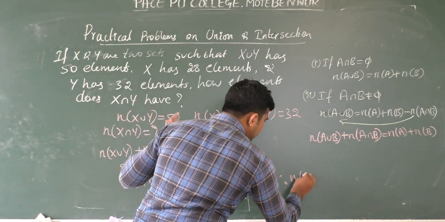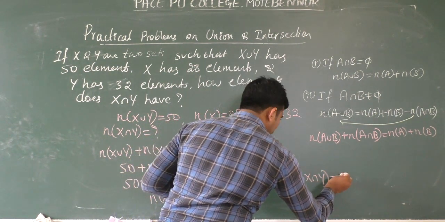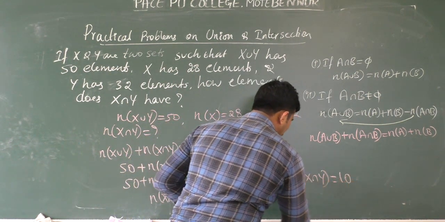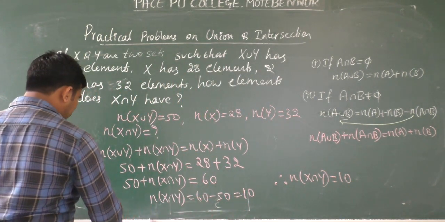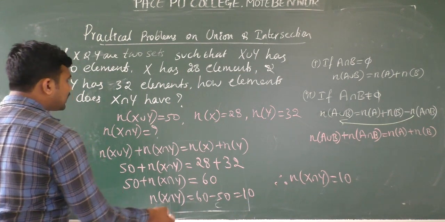Therefore x intersection y has 10 elements. So very simple, right?